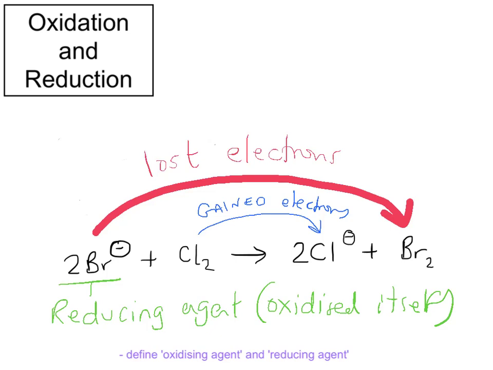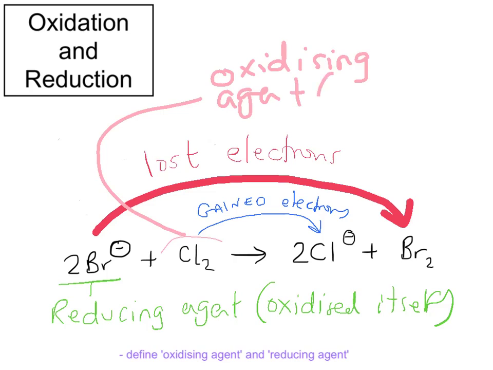Similarly, the chlorine has gained electrons from the bromide ions. So in being reduced, it's facilitated the oxidation of the bromide ions, and so the chlorine is the oxidizing agent, which is reduced itself.